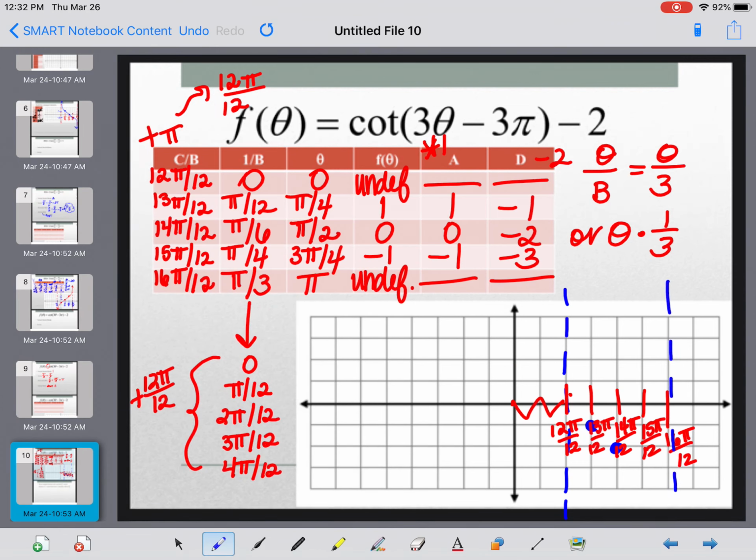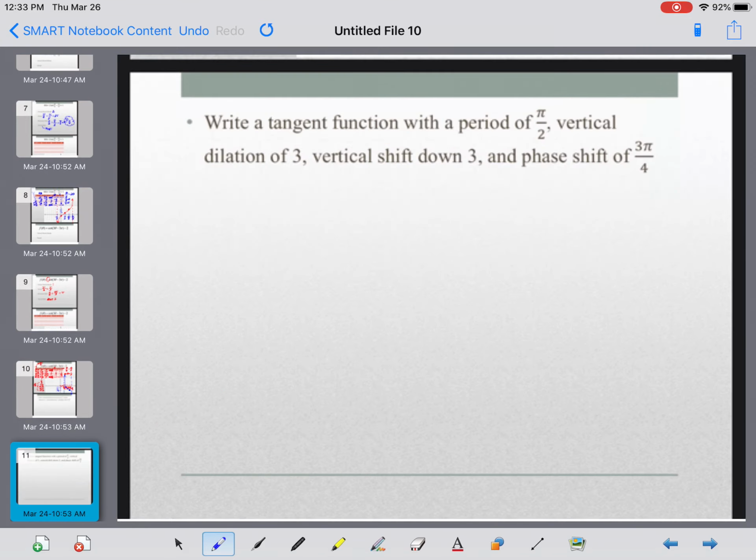So this is my asymptote. All right, because then 15 is negative 3. Okay, and there we have a cotangent.